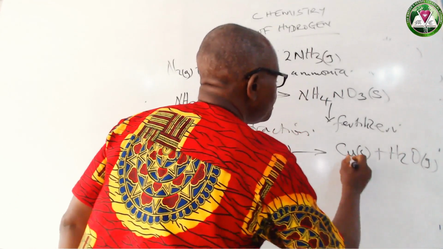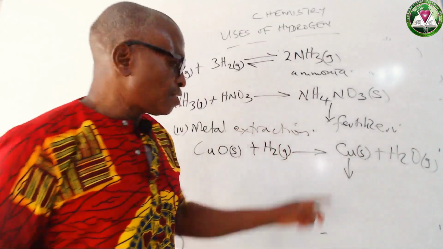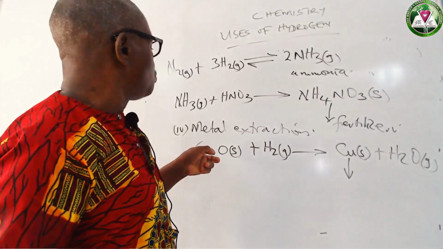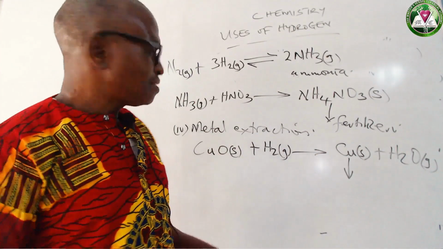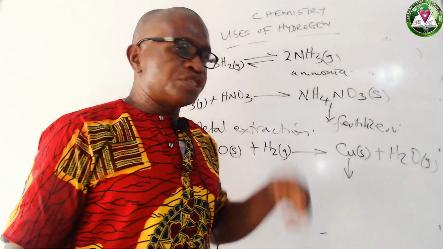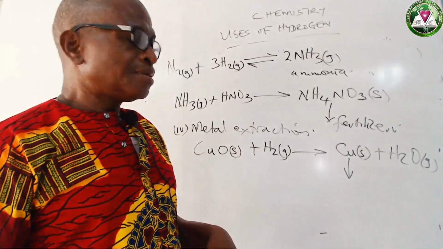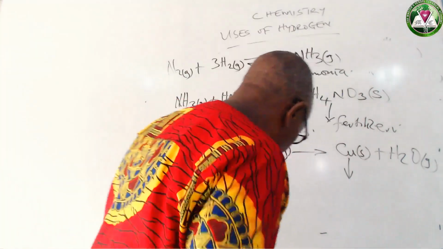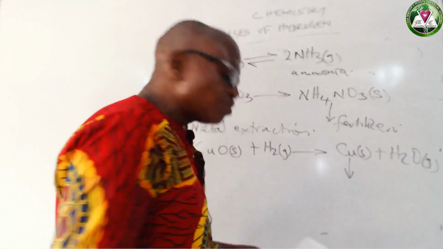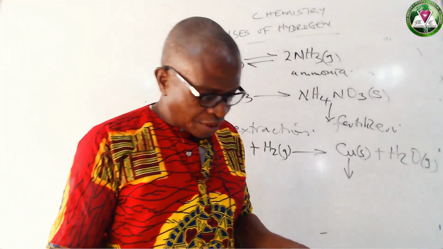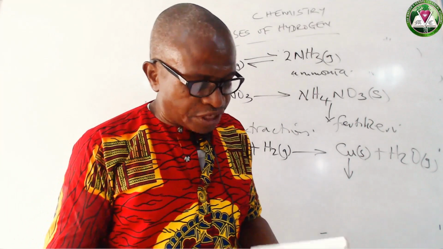You have extracted copper from copper 2 oxide. You are using hydrogen to do that. Therefore, we can see from here the 4 uses of hydrogen.